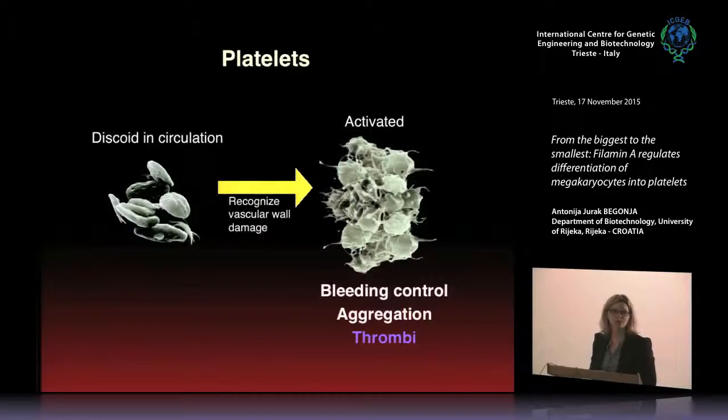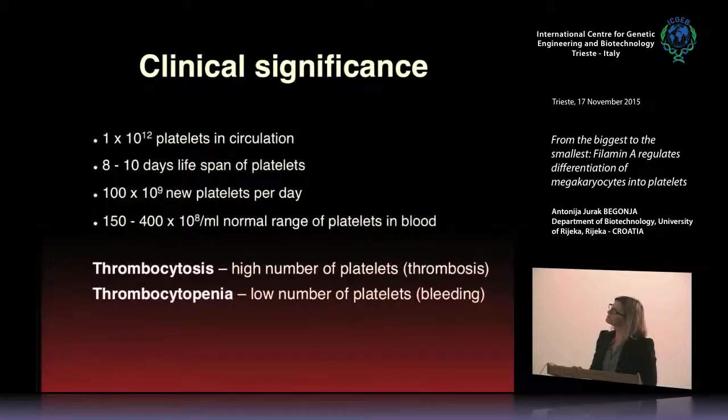Platelets have been shown to be important factors in development of lymphatics. They have also been recognized as important cells of innate immunity, since they express many TLR receptors and they secrete some bactericidal proteins.